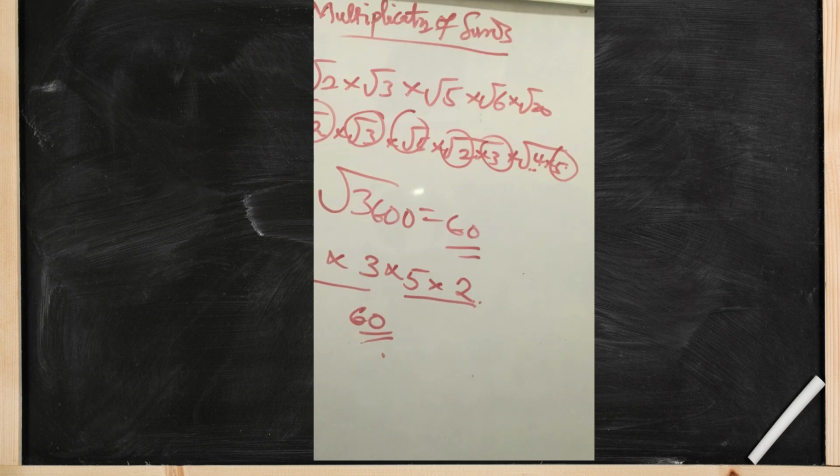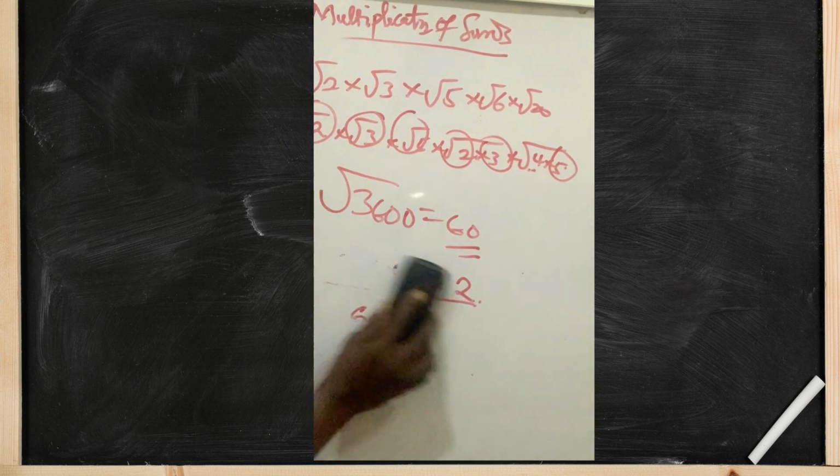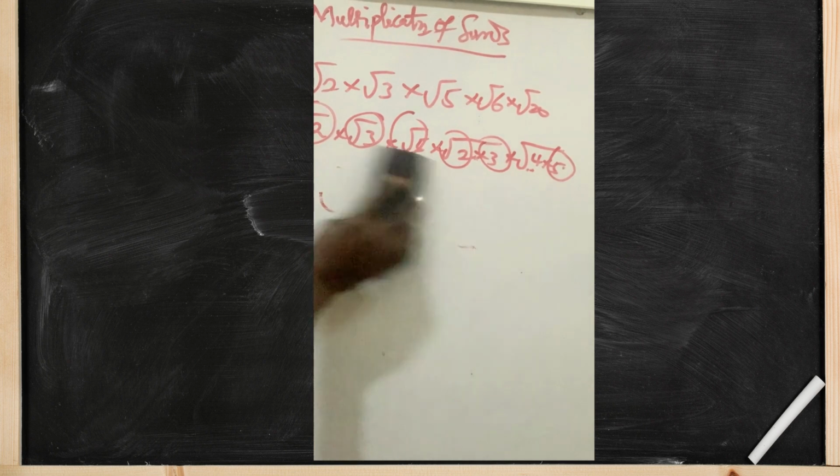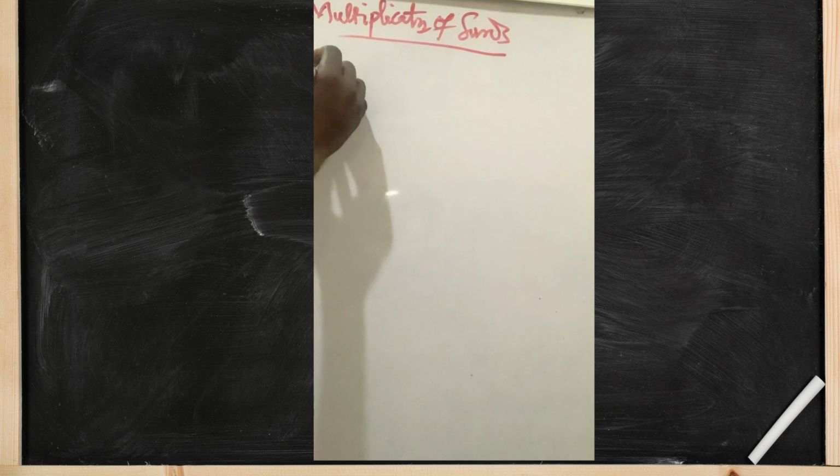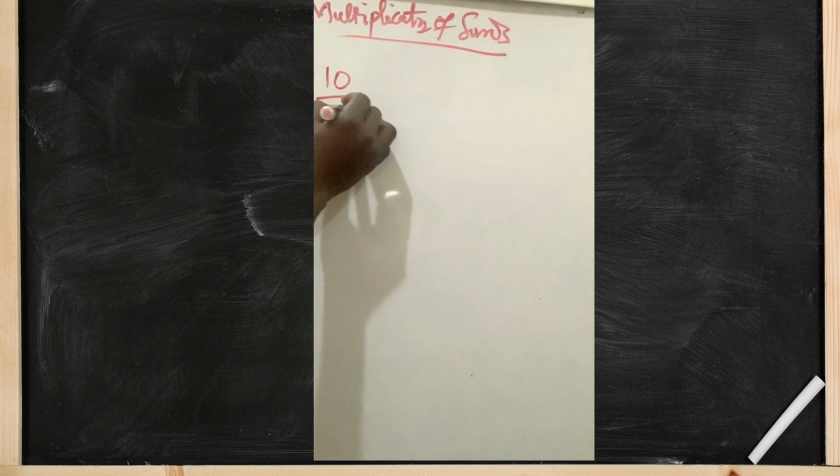Now let's go to division. For a question on division, it goes thus. We're having: rationalize the denominator of the following: 10 divided by root 5.